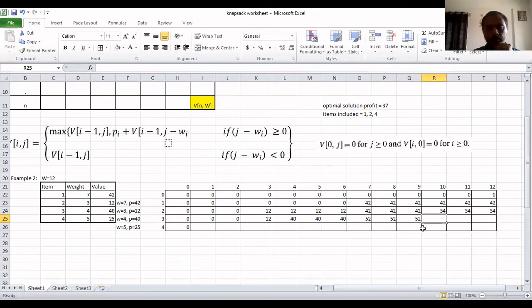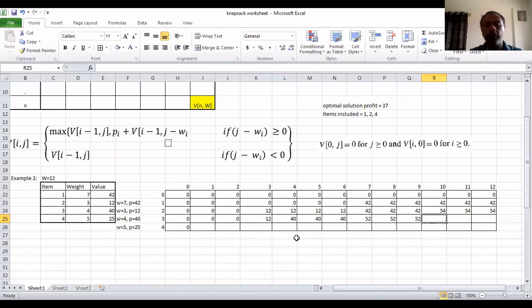Next one, 54. So now here we have a contention of all the 3 items. Instead of always taking the item 2 and item 3 combination, now we can also have item 1 and 2.